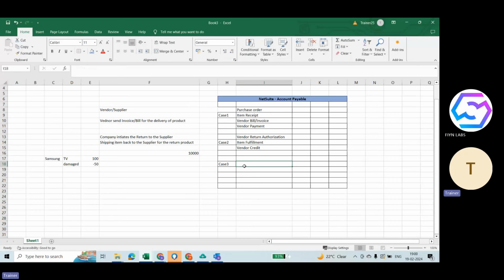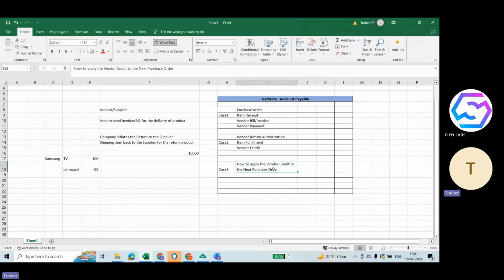In case scenario 3, we are going to show you how to apply the vendor credit to the next purchase order. So next time whenever you buy the product from the same supplier, how are you going to apply that credit.